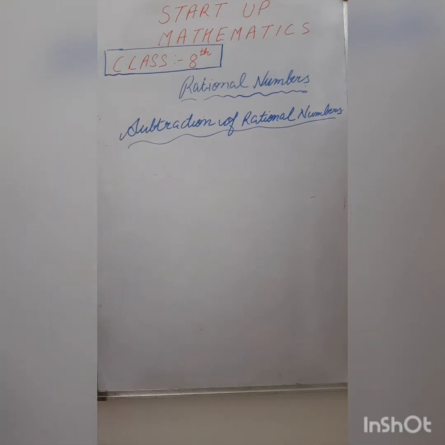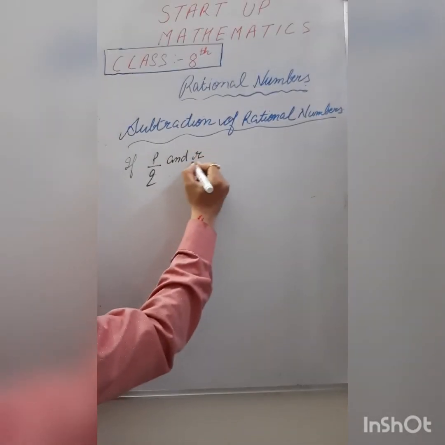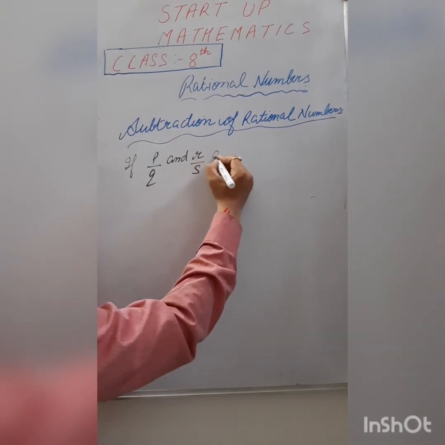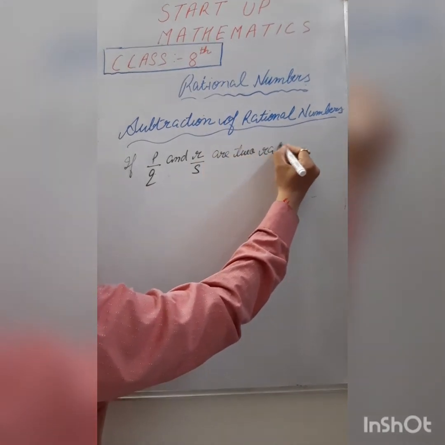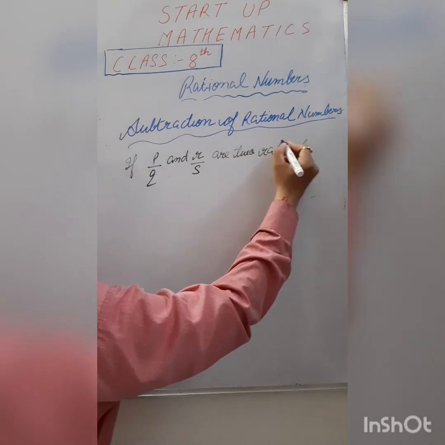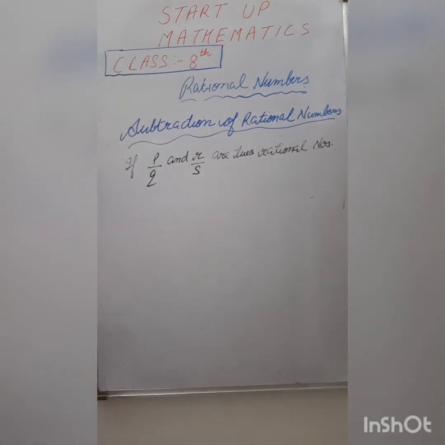If I have two rational numbers, P by Q and R by S, right? What is the meaning of this subtraction?